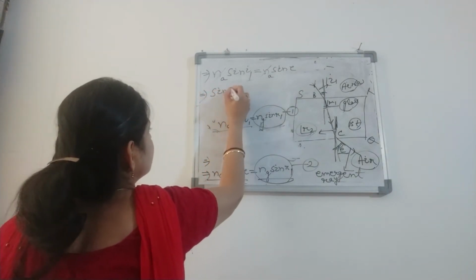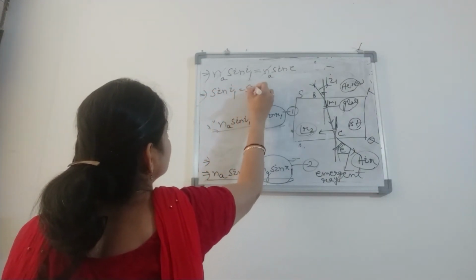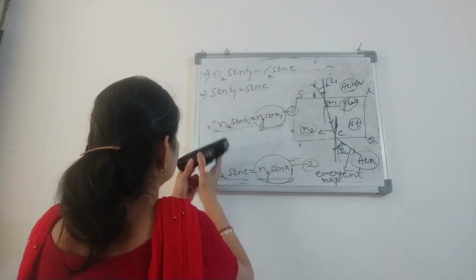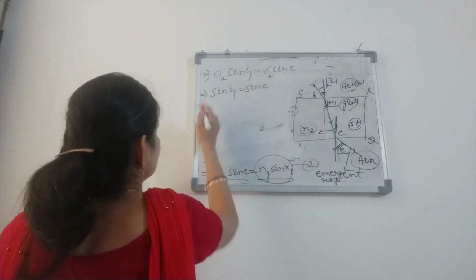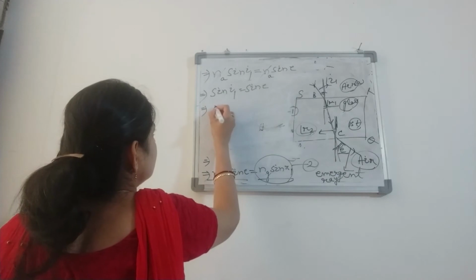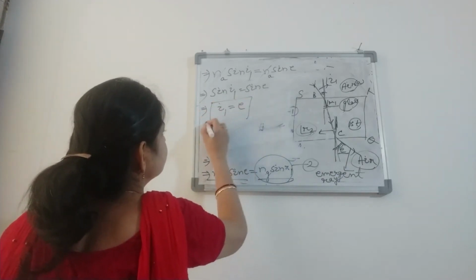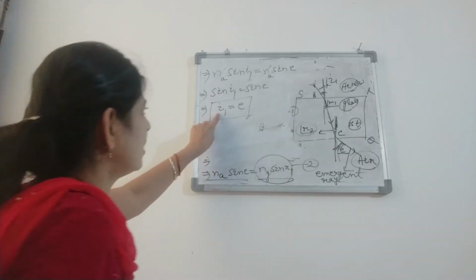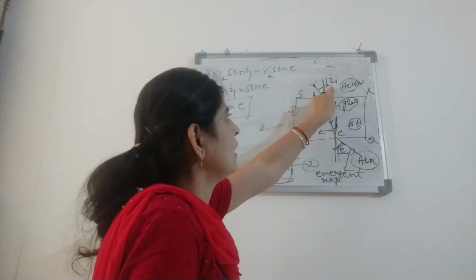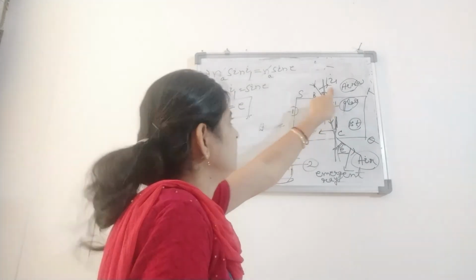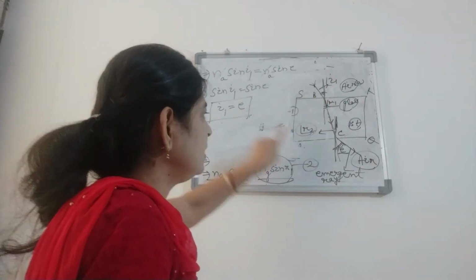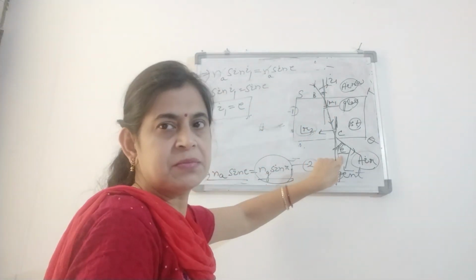So the rest is sine I1 is equal to sine E, or you can write I1 is equal to E. What is your I1? I1 is the angle of incidence. And what is your E? E means your angle of emergence.